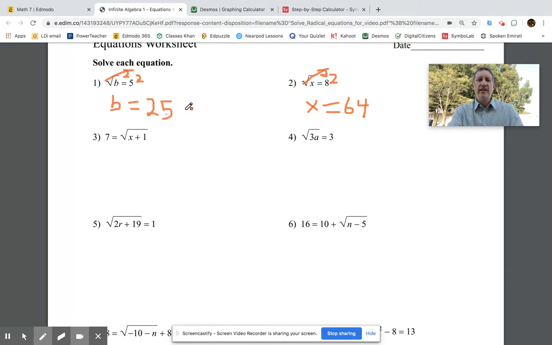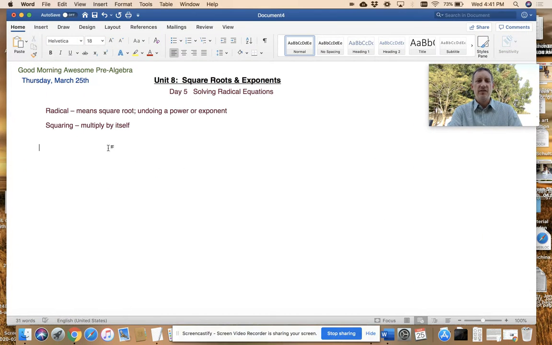All right, now we're going to look at some other problems that require a little bit more work. Whoa, look at all these. So I'm going to go back to the notes, and I hope you're taking notes too. In order to solve a radical equation, first thing you want to do is get the square root by itself.